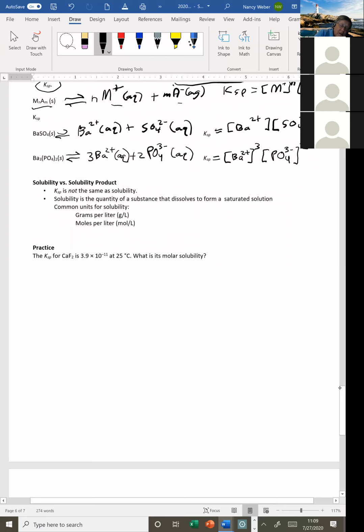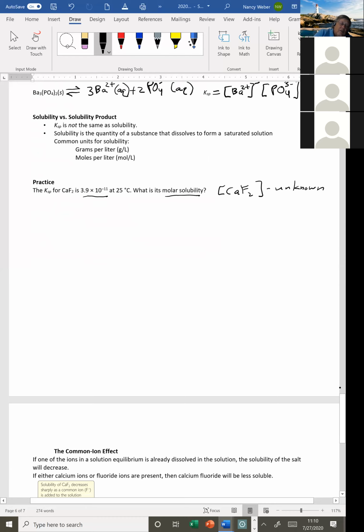What is the KSP for calcium fluoride, the KSP for calcium fluoride is 3.9 times 10 to the minus 11 at 25 degrees C. What is the molar solubility? That means I want the concentration of this. That's my unknown. So I start, the first thing you have to do is write the equation.